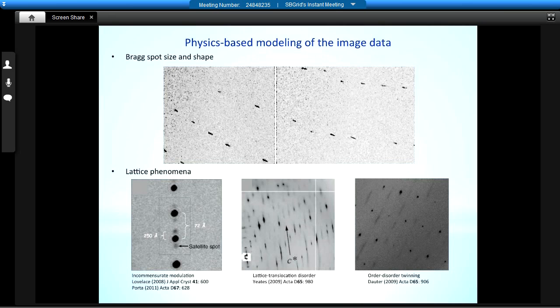This is lattice translocation disorder, where successive layers stacked in the crystal have a small translation in a random dimension. So we would like to be able to use physics-based models again to get the best possible Bragg intensities from these types of diffraction patterns.